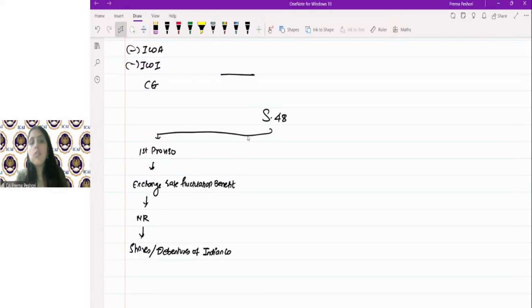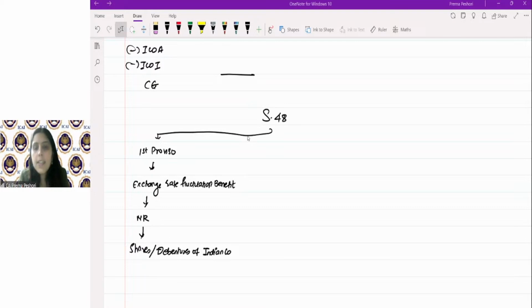So this exchange rate fluctuation benefit is given by converting the cost of acquisition, the expenditure incurred, your full value of consideration into the foreign currency, and then calculating the capital gain. And the capital gain which is computed in the foreign currency will be again reconverted into Indian currency, so that you get the benefit of the foreign exchange fluctuation.